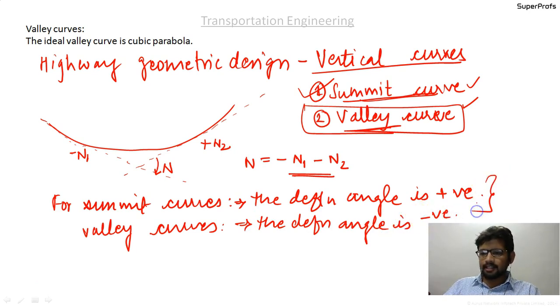So this is exactly the way you can quantify whether the curve is summit curve or the valley curve. You can quantify it based on the deflection angle, whether it is positive or negative. If positive, it is a summit curve, and if it is negative, then it is the valley curve.